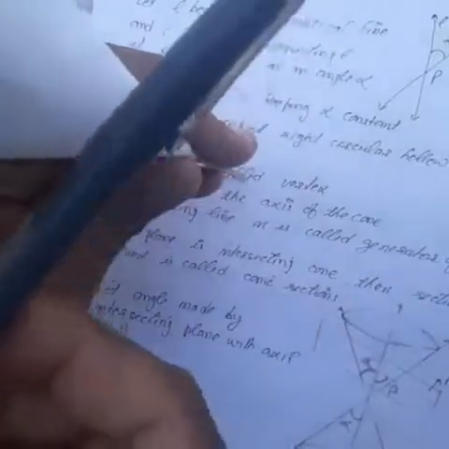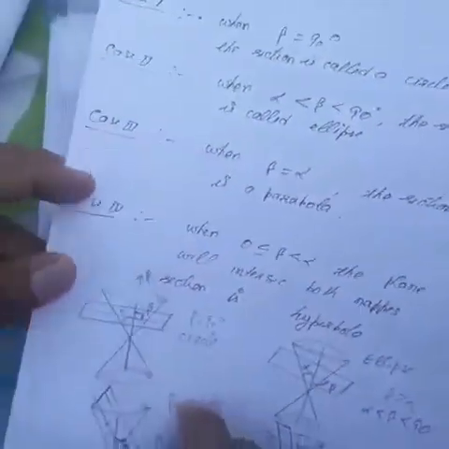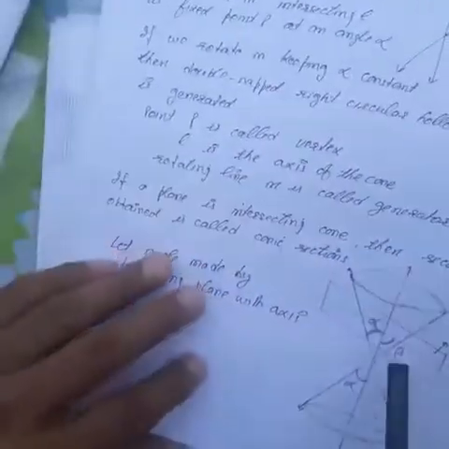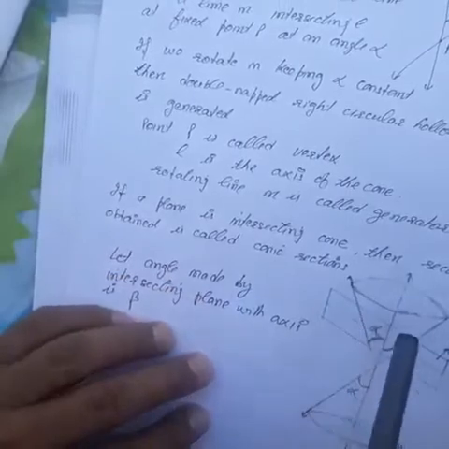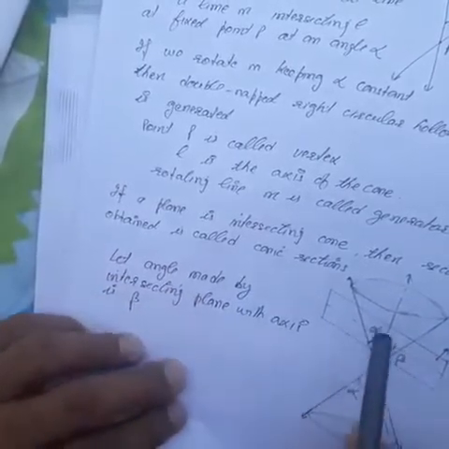If you intersect this cone in this way, keeping the angle between the plane and the axis 90 degrees, one section will be obtained. Different sections will be obtained when you intersect the cone by a plane, and different conditions will arise.